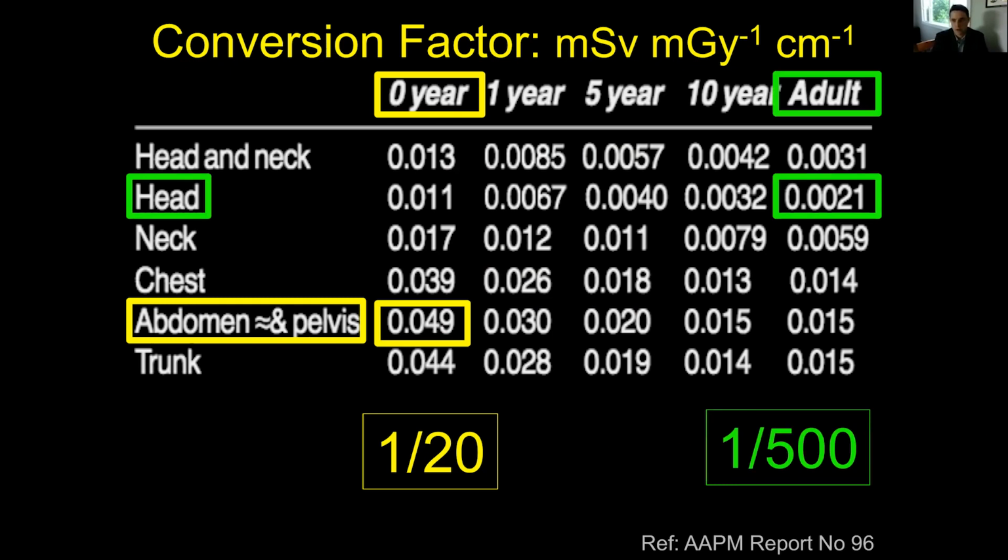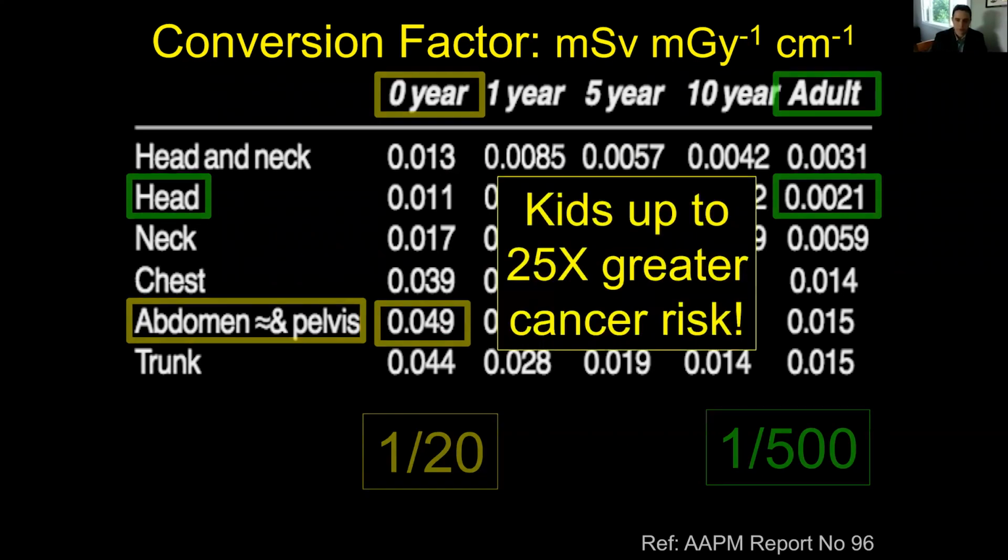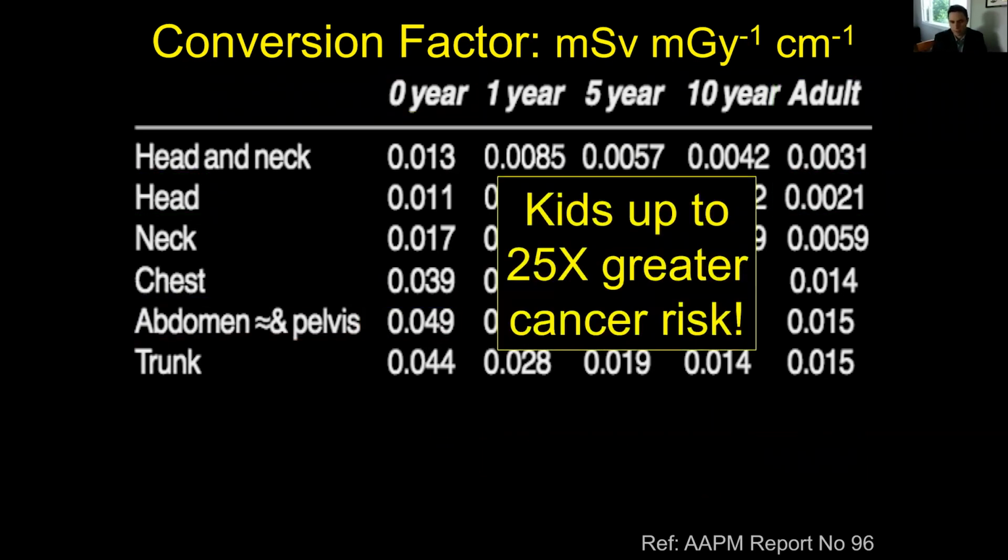Now compare that to the lowest conversion factor, which is an adult head. The adult head doesn't really have that much radiosensitive stuff. It's unlikely that that's going to lead to cancer. So that number is going to be the smallest, 1/500th of your DLP. So the takeaway from this really is, between those two extremes, kids are up to 25-fold higher cancer risk.